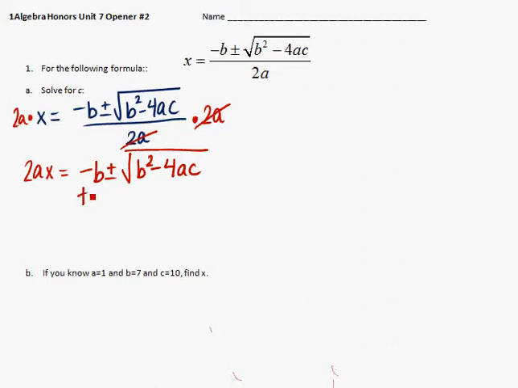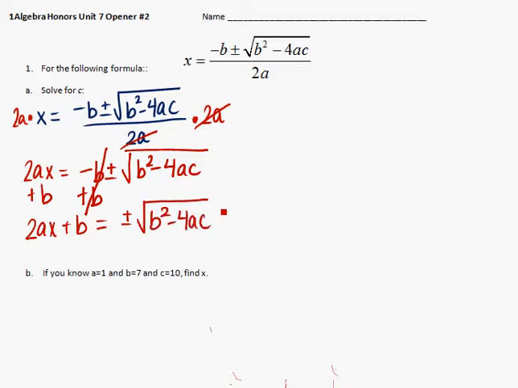So I'm going to add b to the right-hand side, because negative b plus b is going to cancel out. Whatever I do to the right-hand side, I have to make sure that I do to the left-hand side also. So on the left, I have 2ax plus b, and on the right, I have plus or minus the square root of b squared minus 4ac.